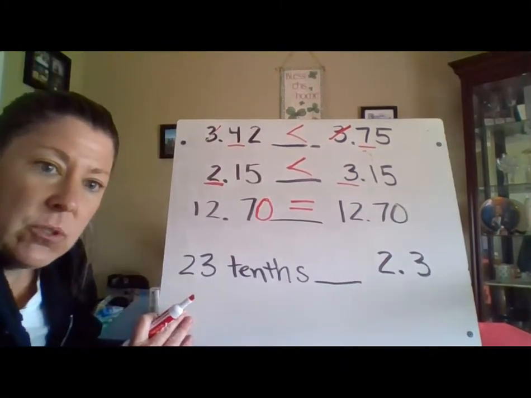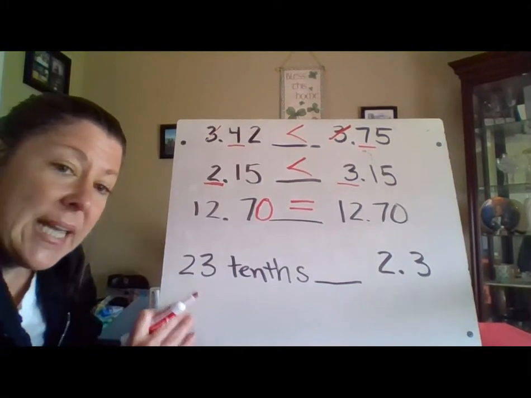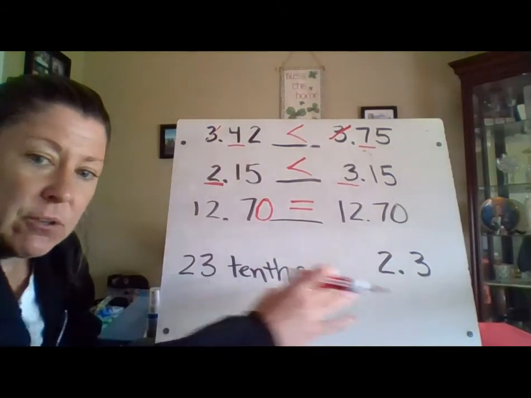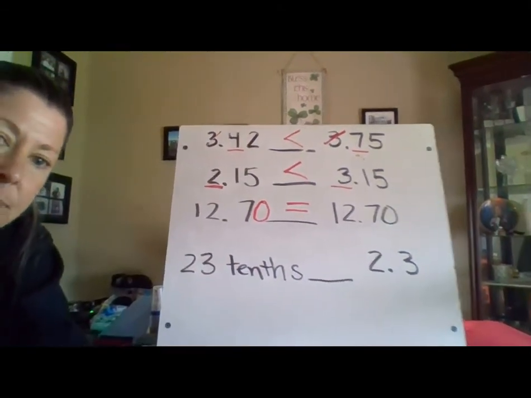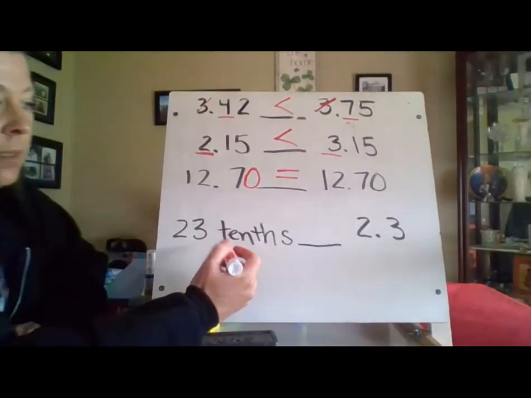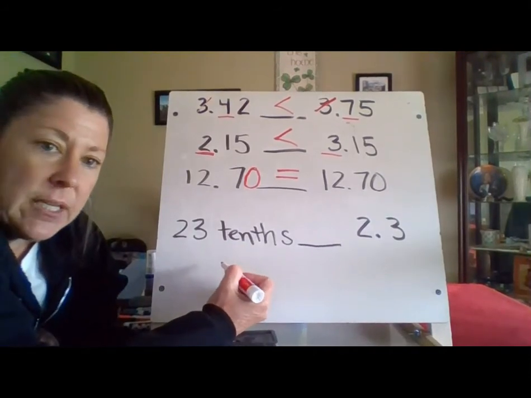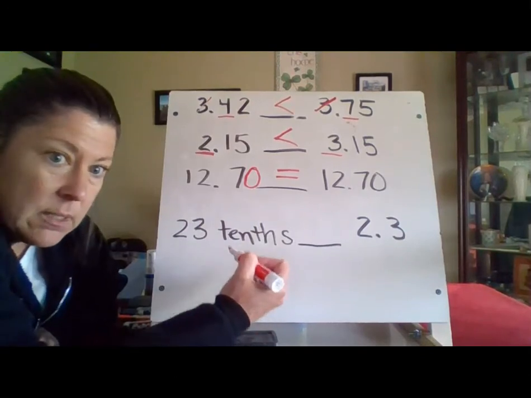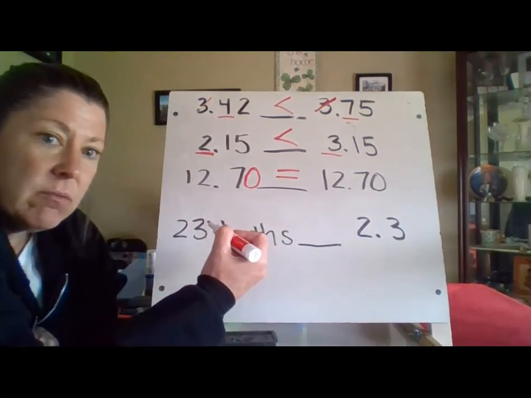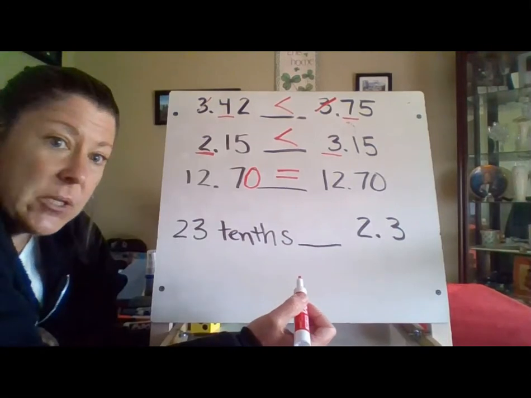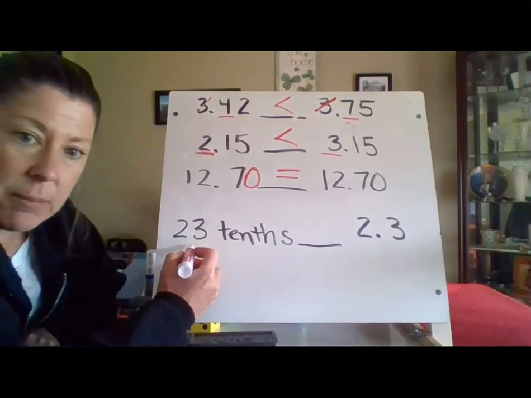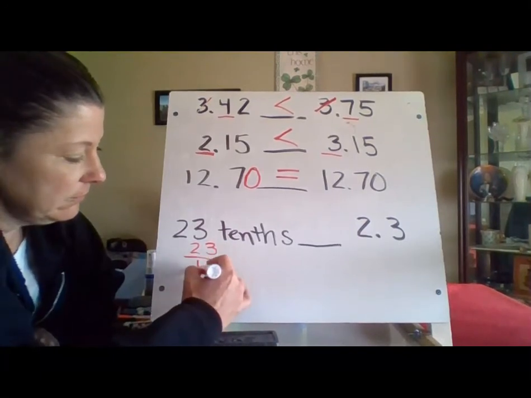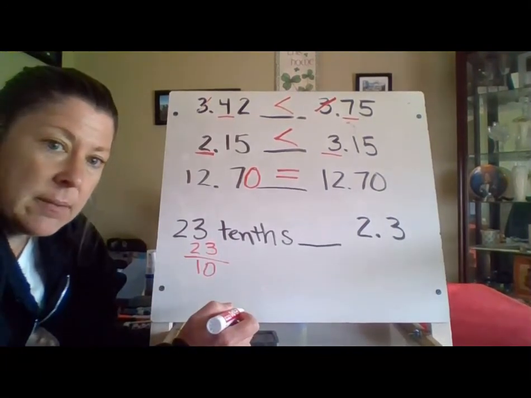So this goes to your last question, but again, still using greater than, less than, or equal to, but they put them in different forms. So here I have 23/10, and my suggestion is when it's in different forms, change the fractions to decimals. So first, I'm going to write this as a fraction, 23/10.